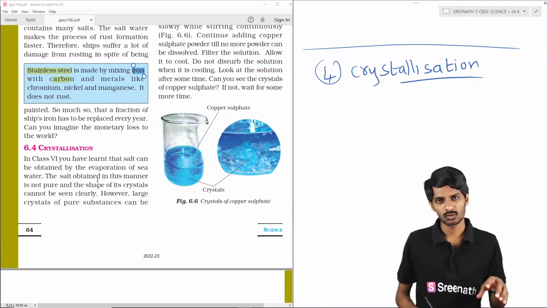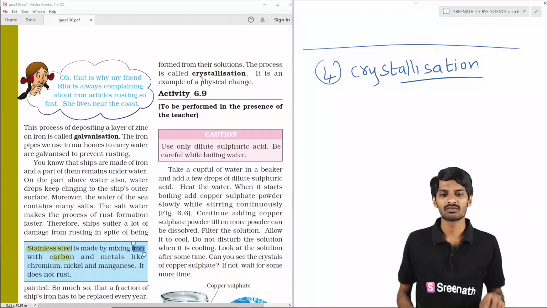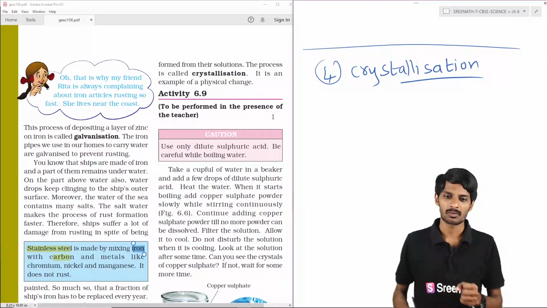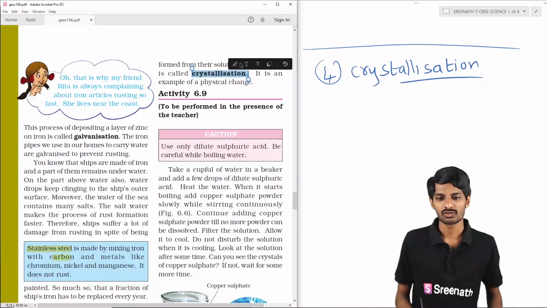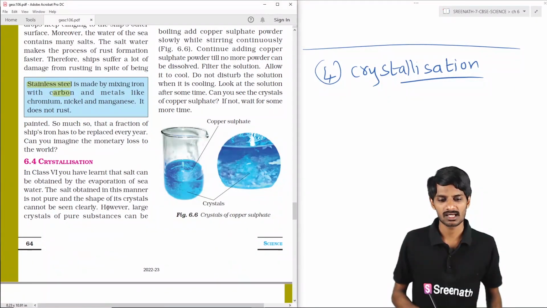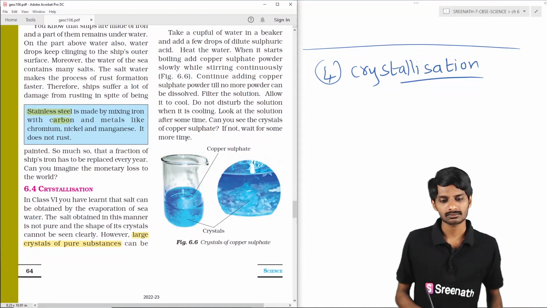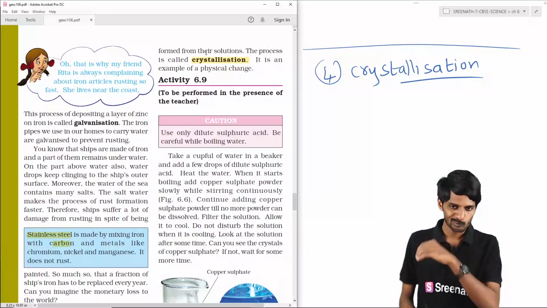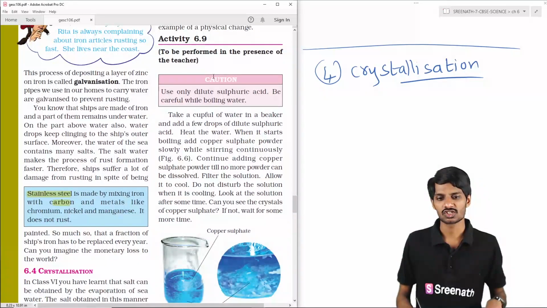If you want pure crystals, how can we get them? Large crystals of a pure substance can be formed from their solutions. The process is called crystallization.